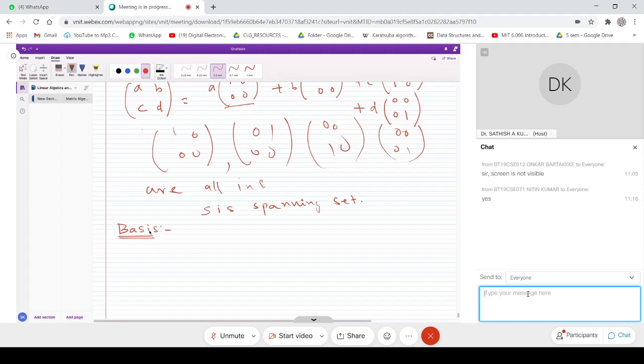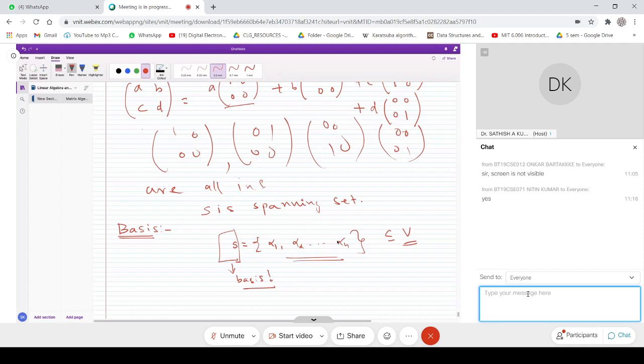So if I want to say something is a basis, let us say I take a set alpha 1, alpha 2, up to alpha n. I'm taking this as S, a subset of a vector space V. Now I want to say this S is a basis. There are two things, as I told you.